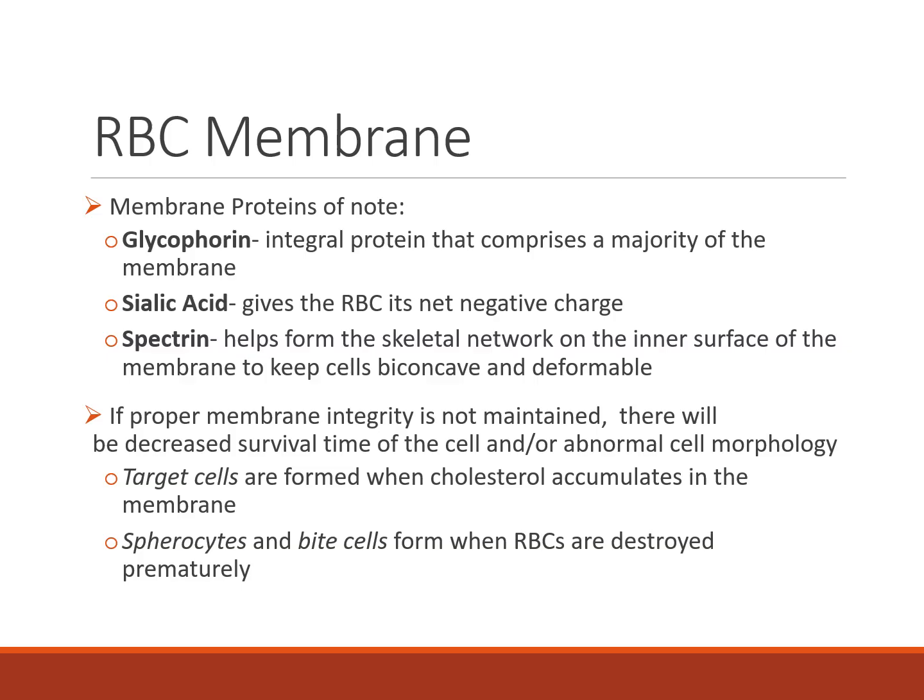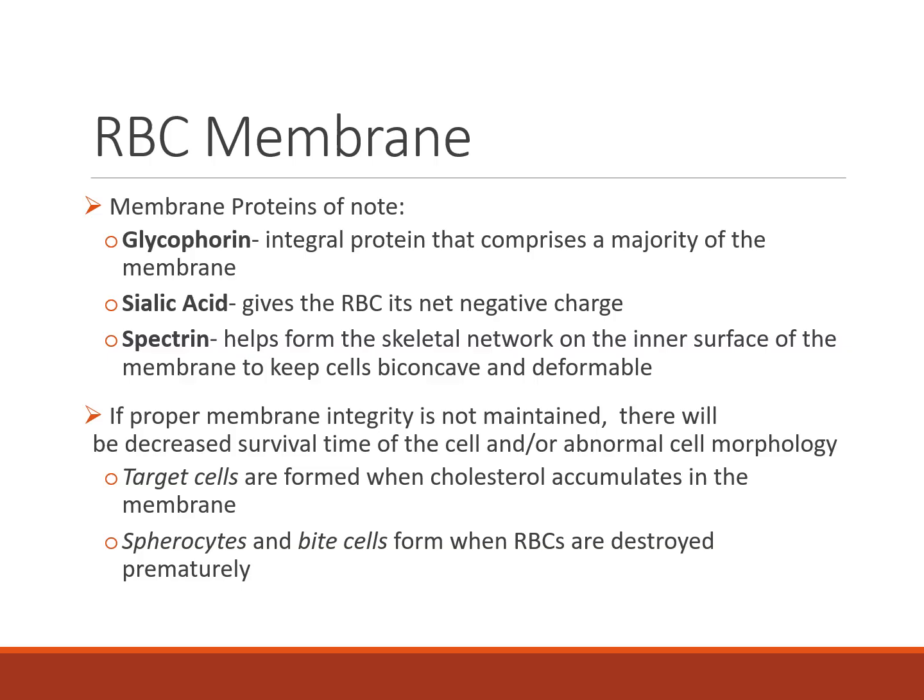I probably said clotting before, but clotting actually involves fibrin. But a lack of sialic acid would cause agglutination because those red blood cells would cling to each other, not due to fibrin formation, but because they are not propelling one another away as they should due to that loss of sialic acid.